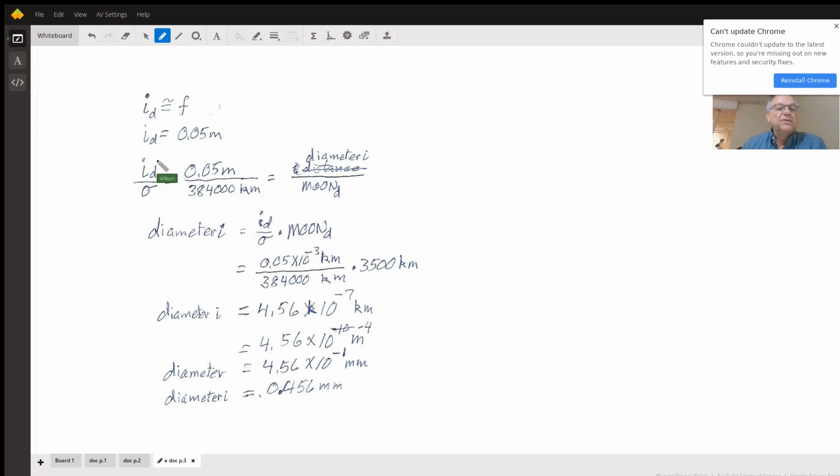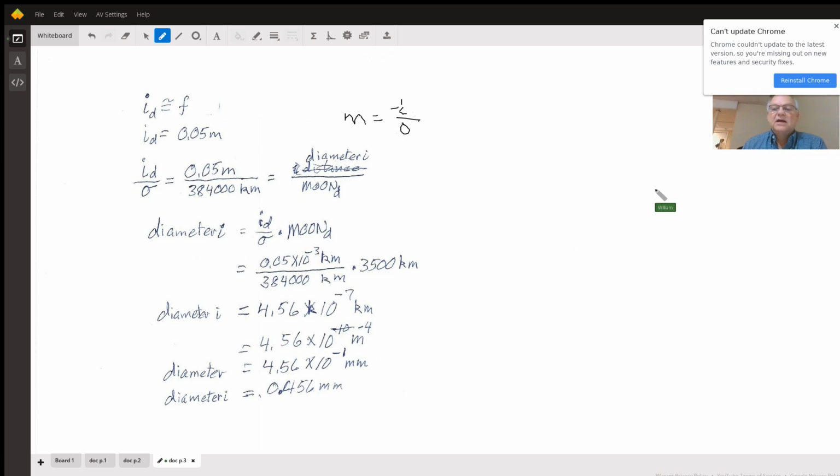And we also know that the ratio between the image distance and the object distance is equal to the diameter of the image over the diameter of the object. That would be corresponding to magnification equals minus I over O. We're actually demagnifying here.